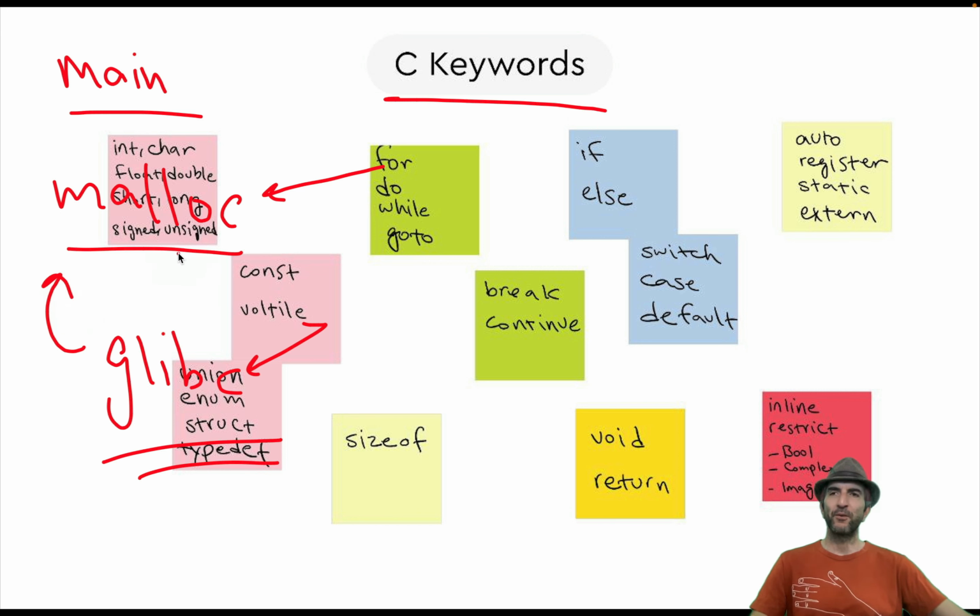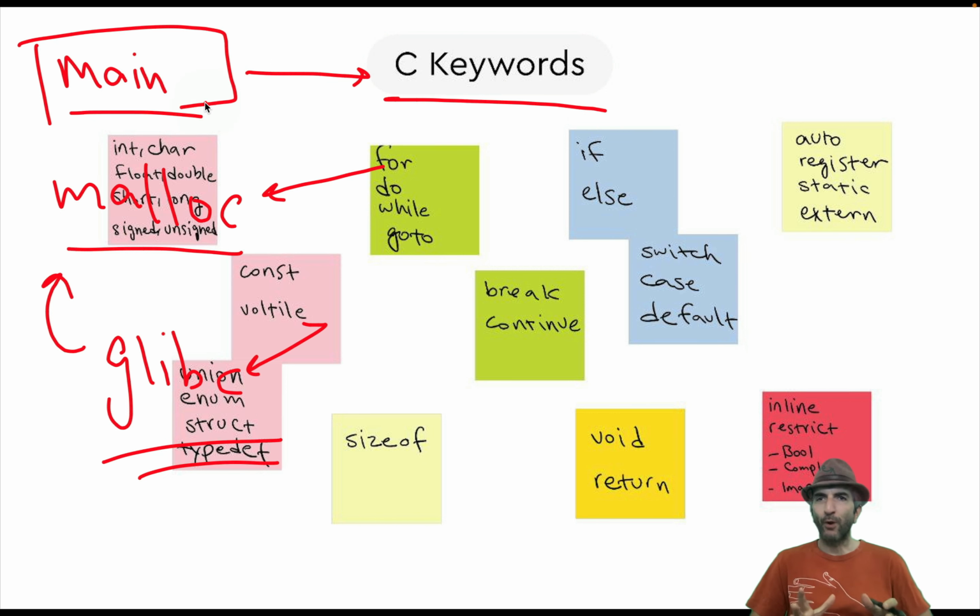Or printf comes from glibc. And things like main are not keywords. You can have a variable which is called main and no problem will happen. Main is a convention on the compiler side as the first function which is being run.